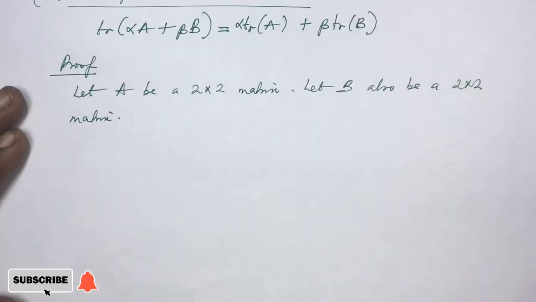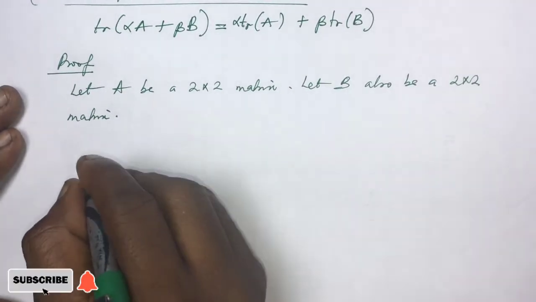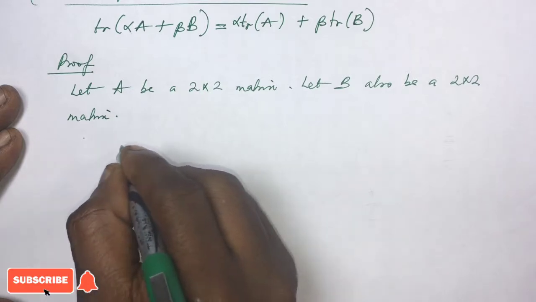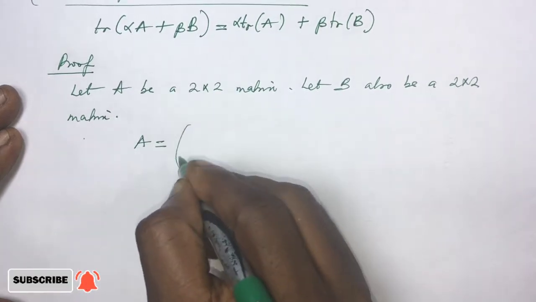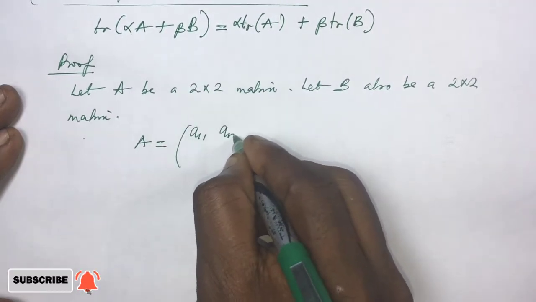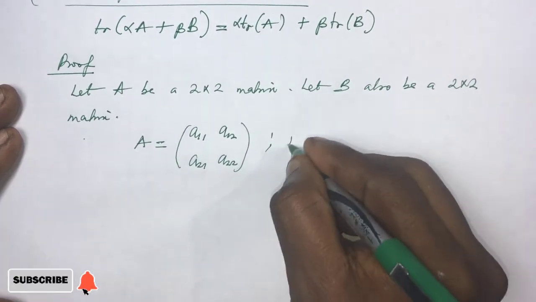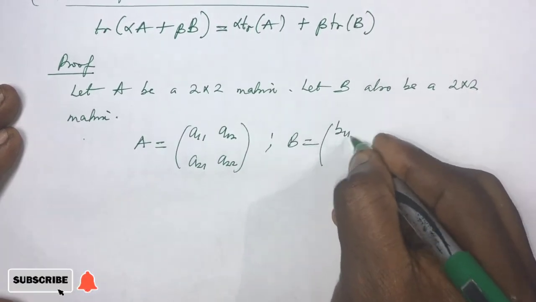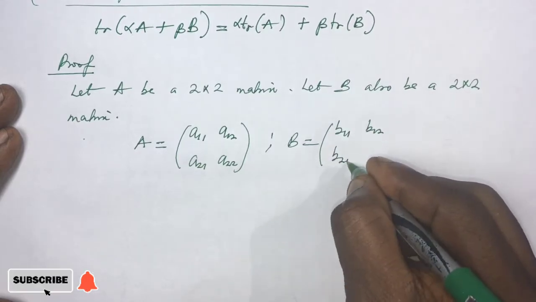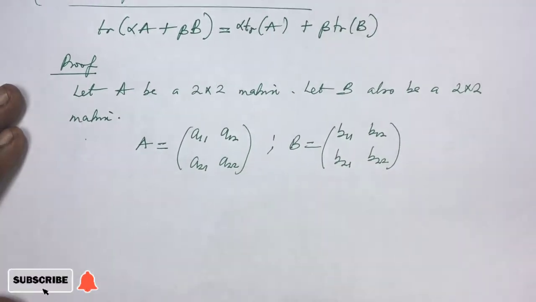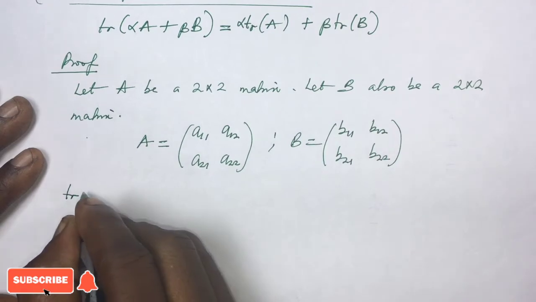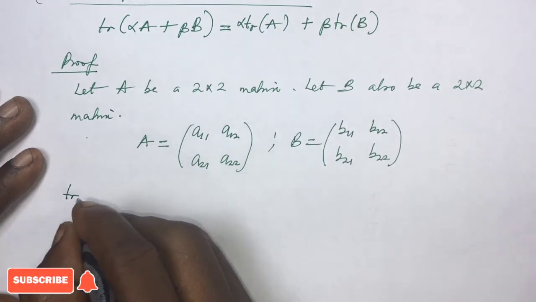Take note again, A is A11, A12, A21, A22, and B is B11, B12, B21, B22.